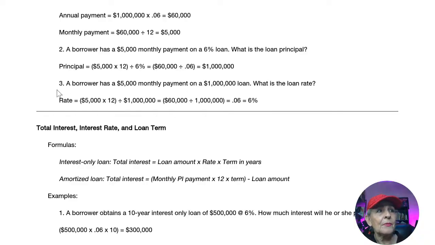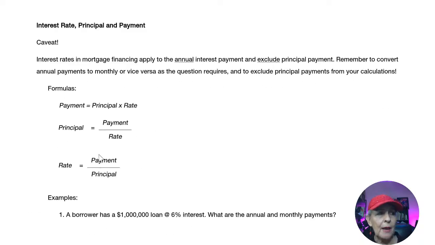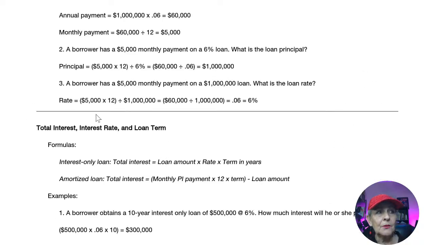Okay. Now 3, same problem, different answer they want. A borrower has a $5,000 monthly payment on a $1 million loan. What is the loan rate? Okay, so we have the payment, $5,000 a month. We have the principal, $1 million. And we want to find what the rate is.